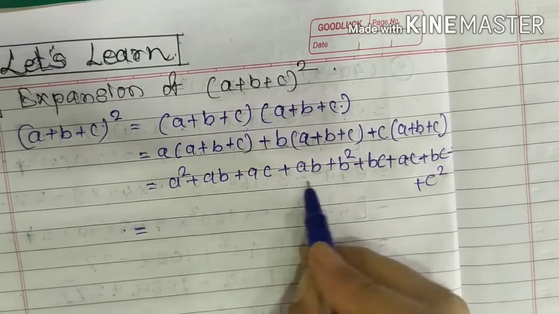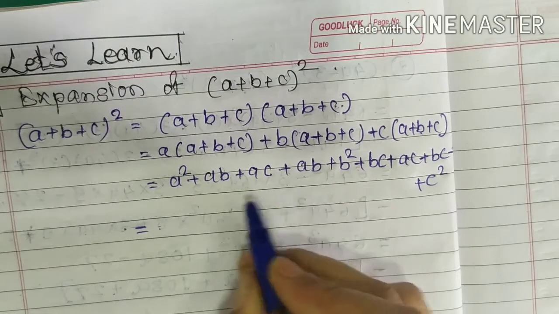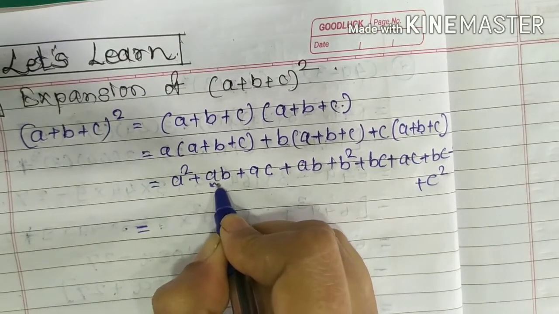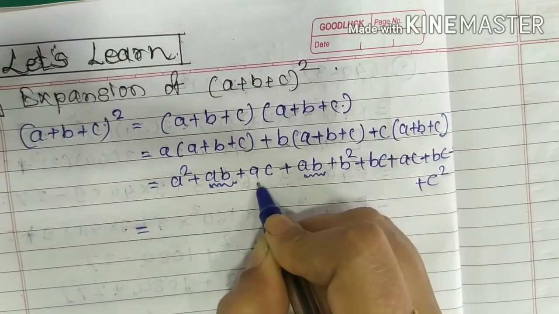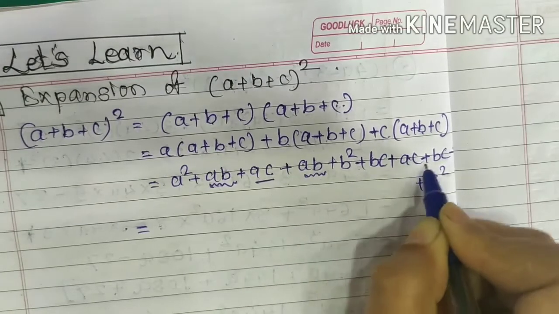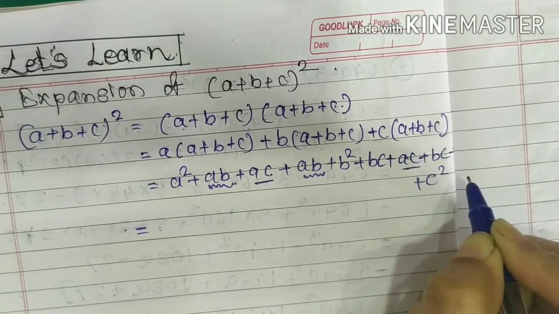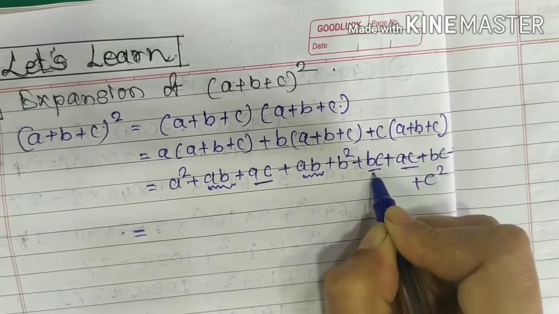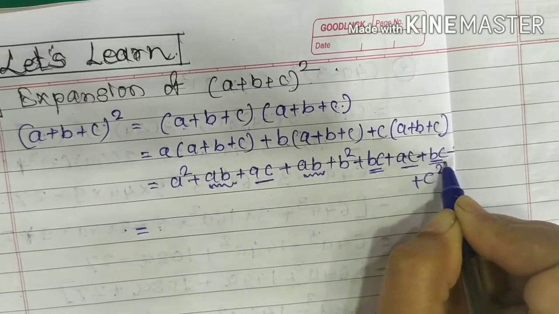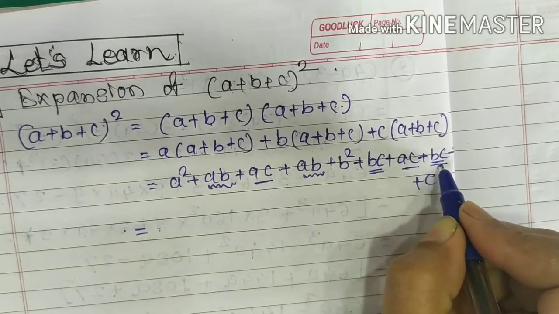see the like terms here. Here is ab, here is also ab; here is ac, here is ac; then bc, here is bc. So we add these like terms.